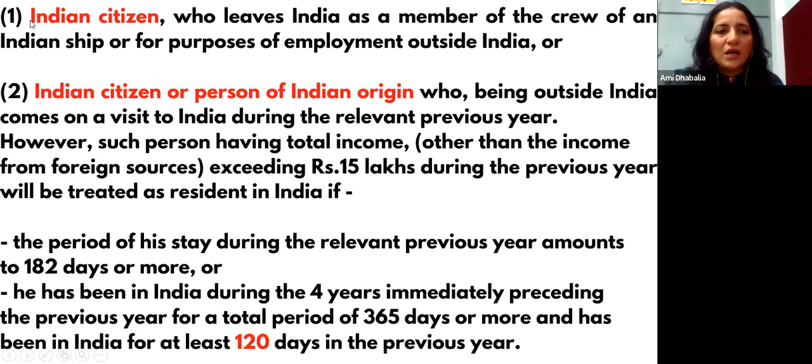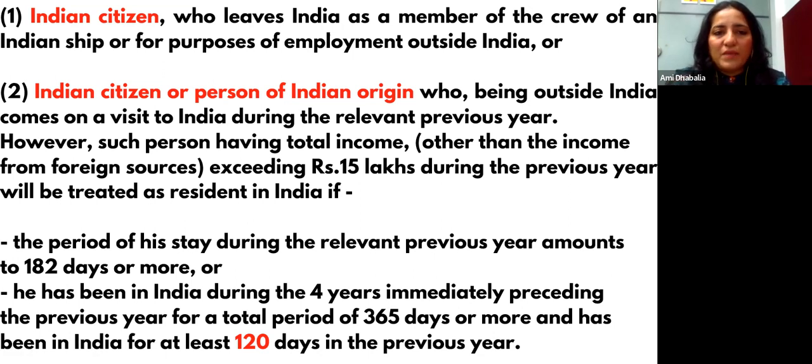First is Indian citizen. Now, please note, this is just Indian citizen and not PIO. Indian citizen who leaves India as a member of a crew of an Indian ship or for purpose of an employment outside India. Now, these are the Indian citizens who are going out of India.